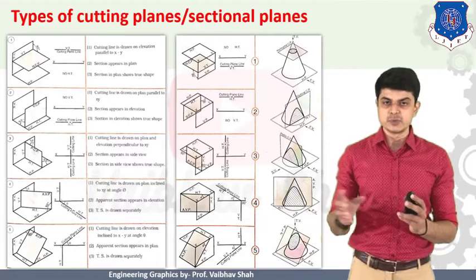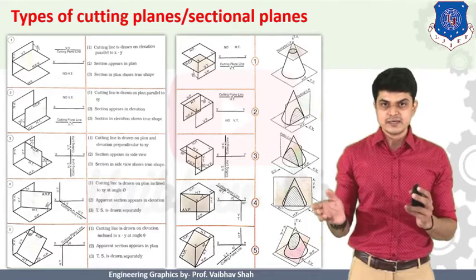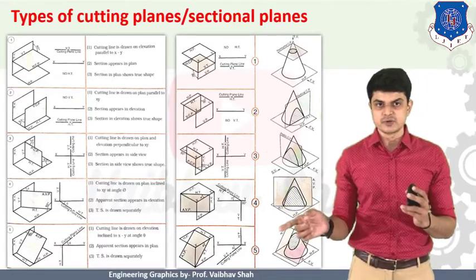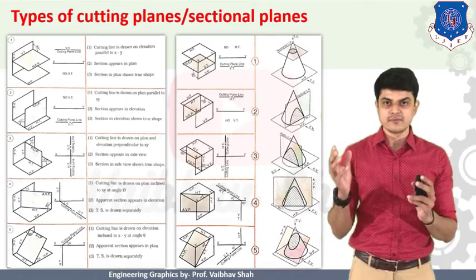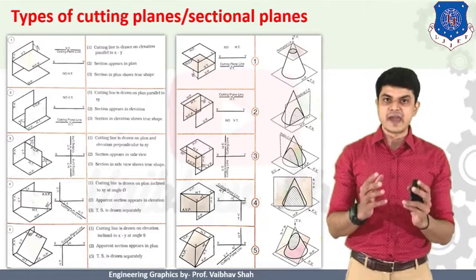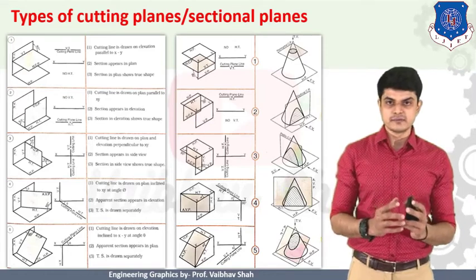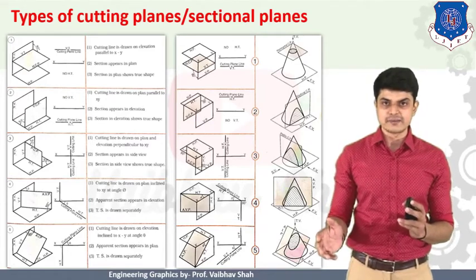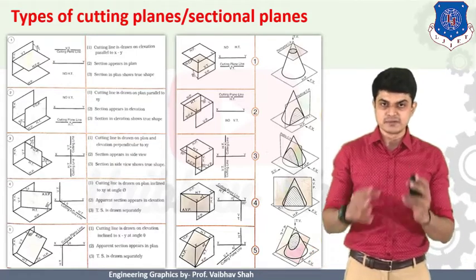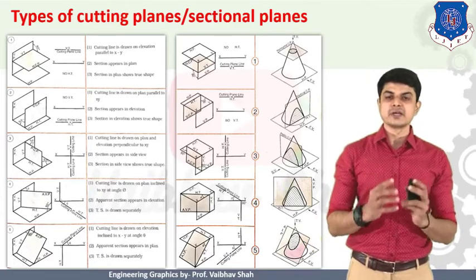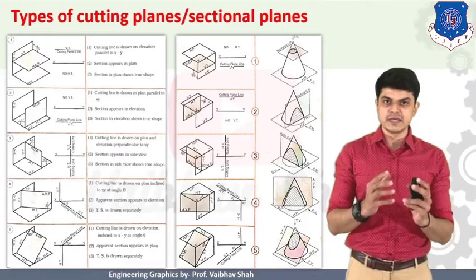In the case of the auxiliary inclined plane, it must be perpendicular to the vertical plane. So always remember, the auxiliary vertical plane makes a certain angle with your vertical plane but is perpendicular to your horizontal plane, while the auxiliary inclined plane makes a certain angle with respect to HT but is perpendicular to your vertical plane. You should remember each of these five cases of section plane or cutting plane.